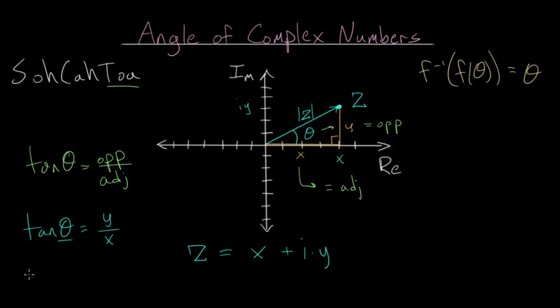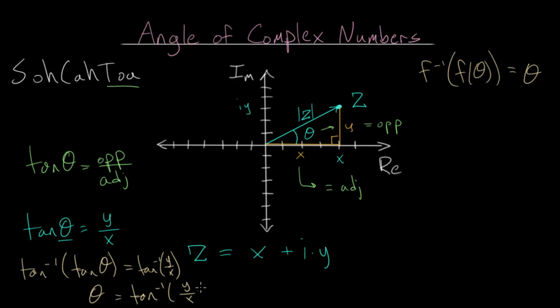So we can take an inverse tangent of each side, and on the left-hand side, the tangent and the inverse tangent will cancel out, and on the right-hand side, we will get the inverse tangent of y over x, and this right here will be our formula.